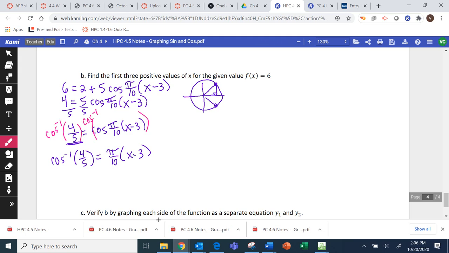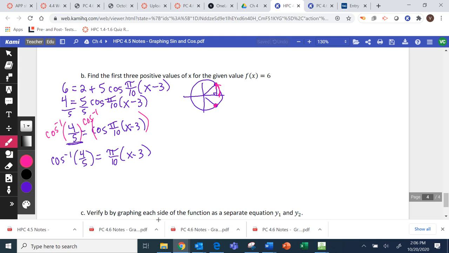So when I did inverse cosine 4/5, there's actually more information I need to write there. For the inverse cosine 4/5, if I did that on my calculator, that would give me this one right here, the angle right here. But I also need this one. How could I get this other one? I am going to use 2 pi.